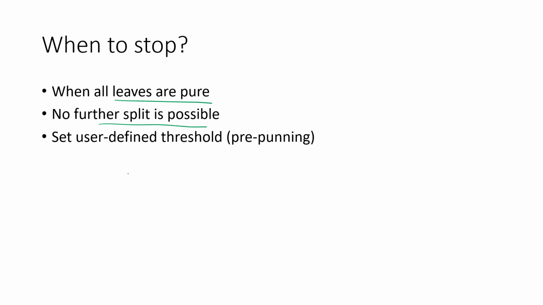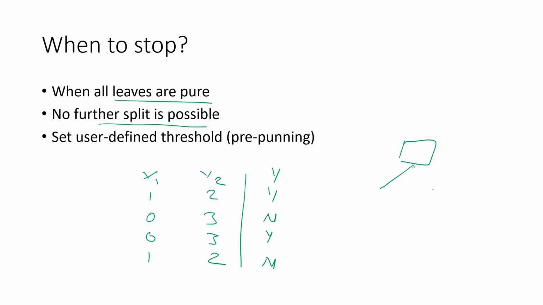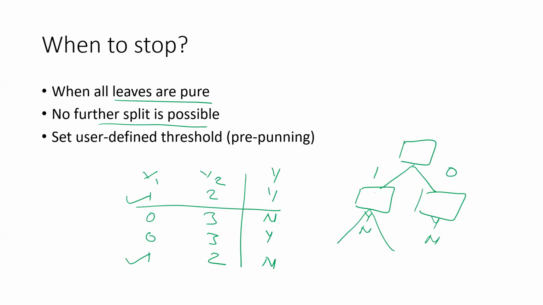Let's say for one example, you have feature x1 with values 1, 0, 0, 1, and for x2 you have values, let's say, 2, 3, 3, 2, and the labels are yes, no, yes, no. Let's say I split my data points on x1. If x1 is 1, it's here. The first and the last data points belong here, and you have yes and no here. For this node, if you want to split further, which feature will you use?